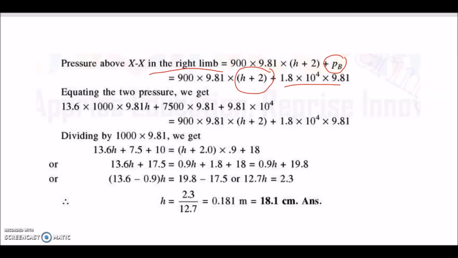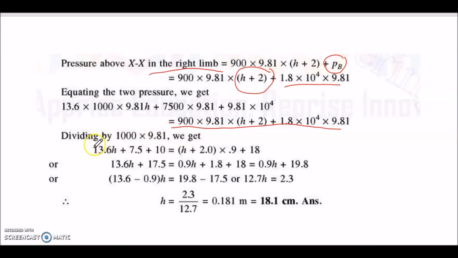Okay, then we equate the two pressures at left and right, and we can get this one. Then we divide by 1000 times 9.81.